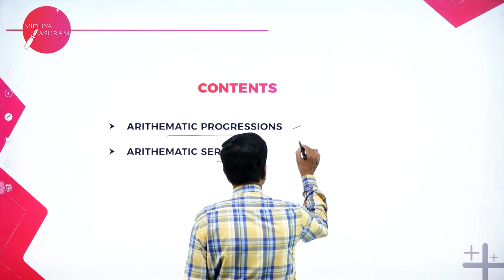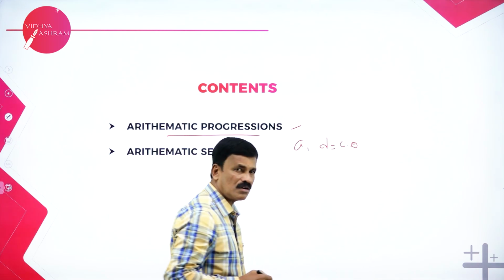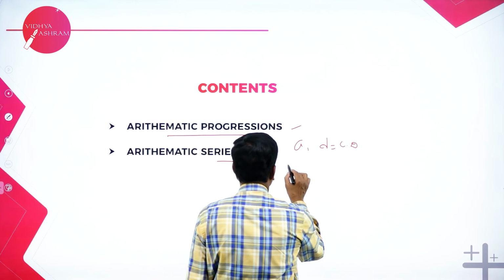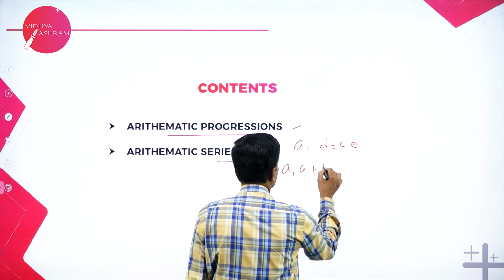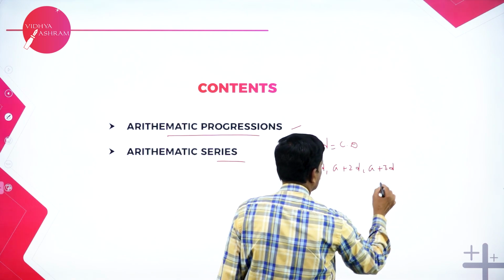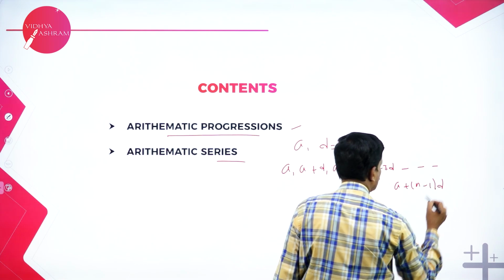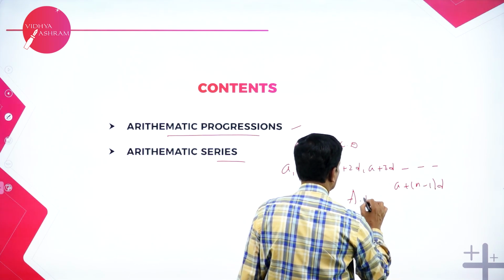Suppose A is the first term and D is the common difference. Then the sequence of the form A plus D, A plus 2D, A plus 3D, etc., A plus n minus 1 into D is called an arithmetic progression.